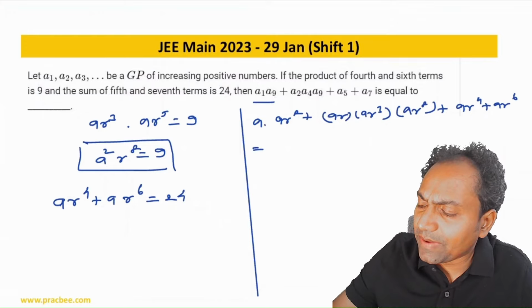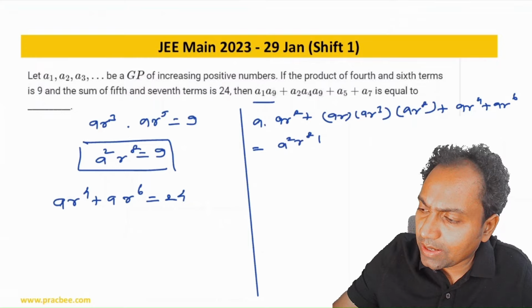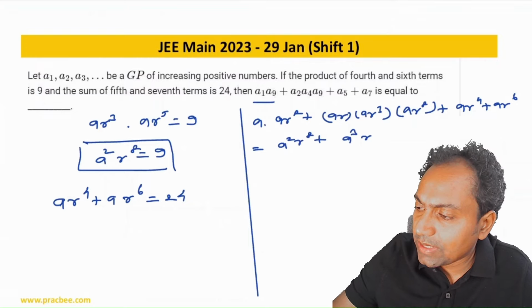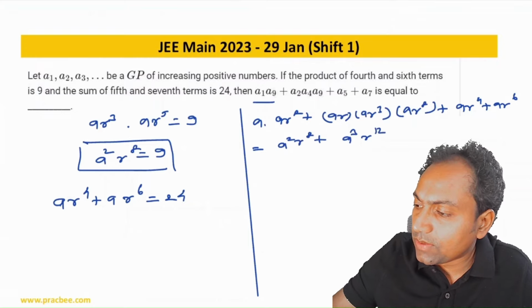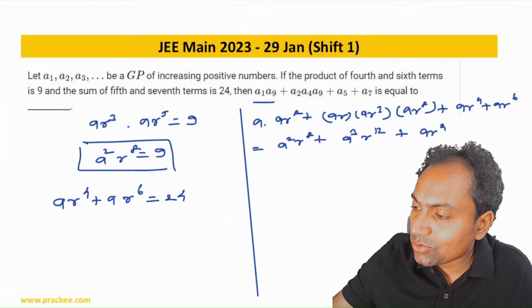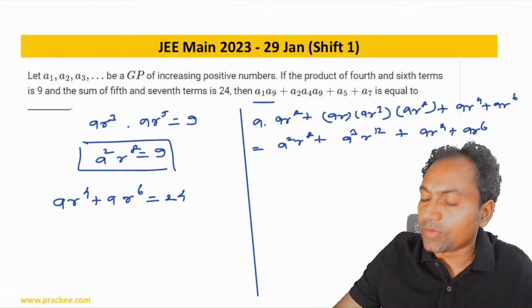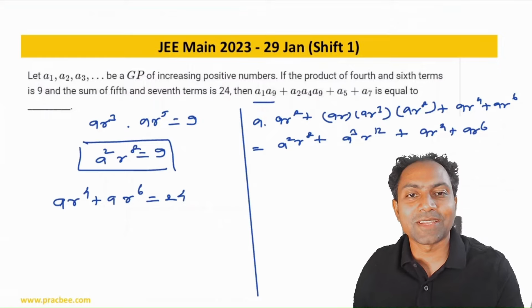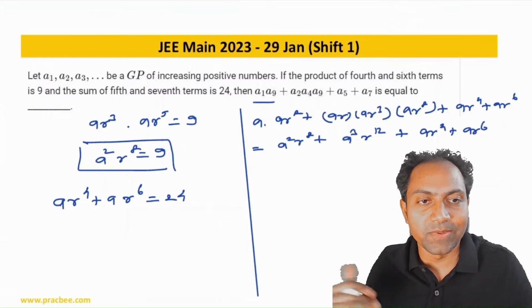If I simplify this, this becomes a square r raised to the power 8. This becomes a cube r raised to the power 12. The next becomes ar raised to the power 4, and the last becomes ar raised to the power 6. These are the information that are given and what has been asked.